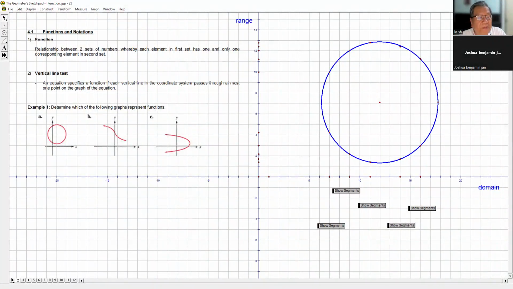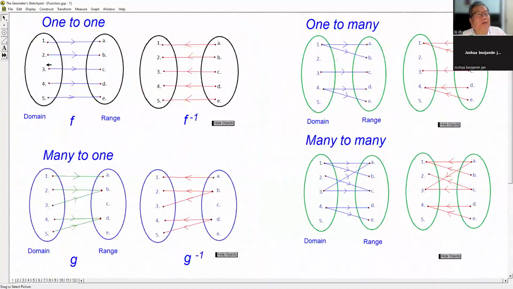Now, what does that mean? It means that this is the first set of numbers. Each number in the first set here has an answer in the second set.